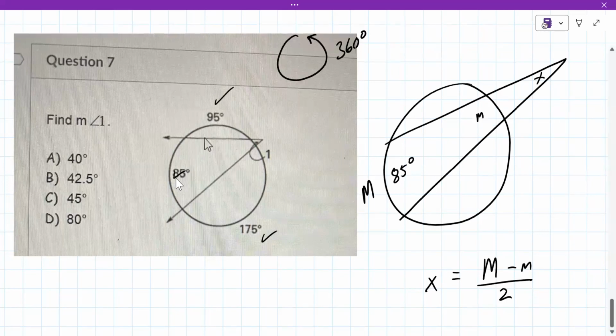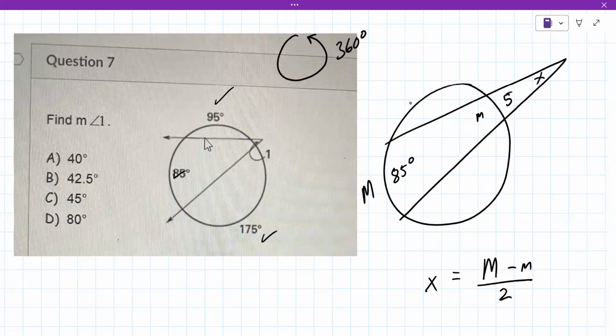You've got 95, 88, and 175. Go ahead and add those up. Okay, 5 degrees.